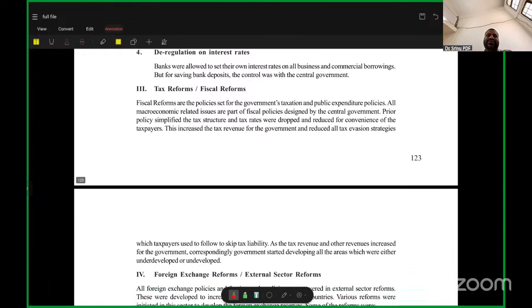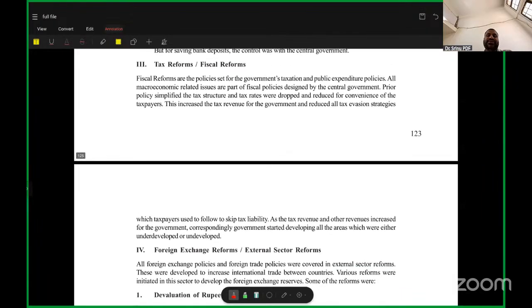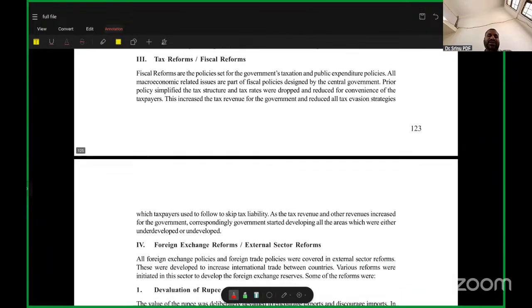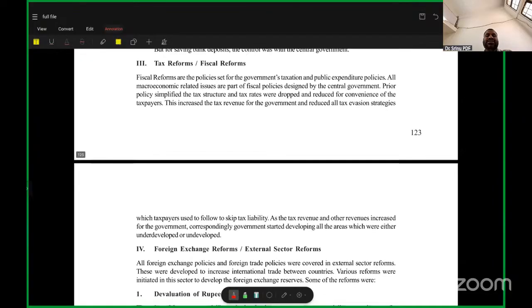The tax reforms and fiscal reforms. The third sector is the factors affecting, impacted by tax reforms and fiscal reforms. Fiscal reforms set the government taxation and public expenditure policies; all macroeconomic related issues are part of fiscal policy, designed by the central government.